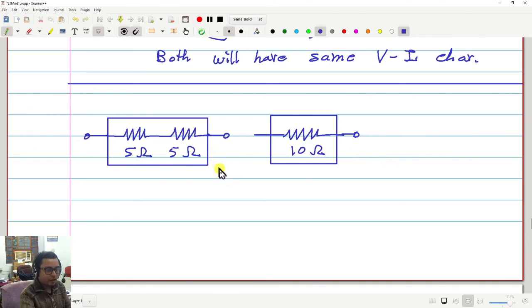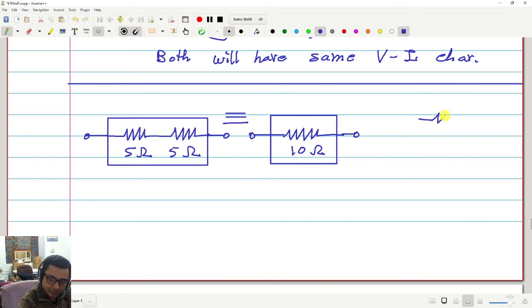From outside you cannot say which has the 10 ohm resistance and which has the series combination. Any experiment you do by connecting this in any circuit from outside will give you same result. So that's why we call these equivalent.